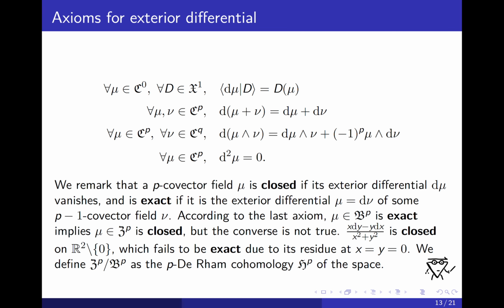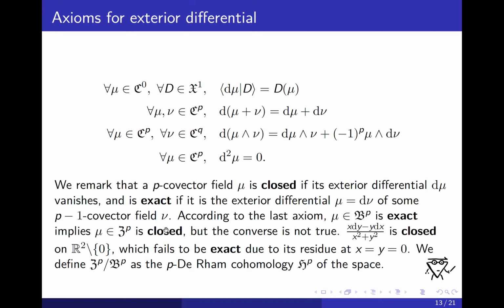We remark that a p covector field mu is closed if its exterior differential d mu vanishes, and is exact if it is the exterior differential of some p minus 1 covector field nu. In electromagnetism courses, people usually don't distinguish this, especially when the course level is very low.